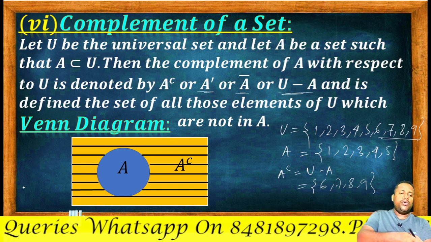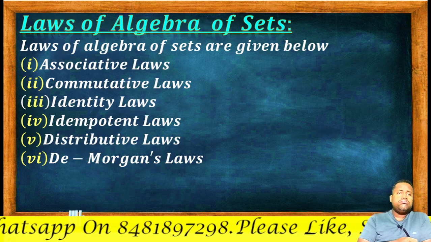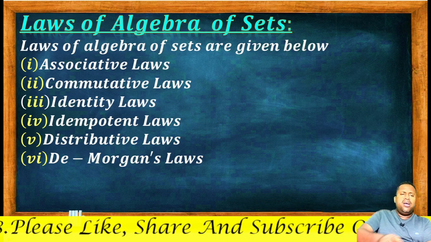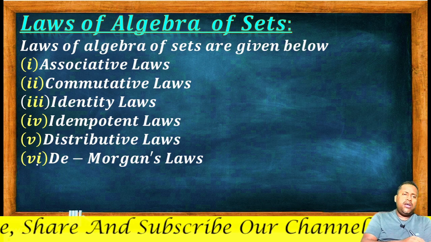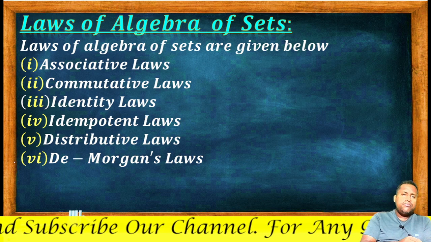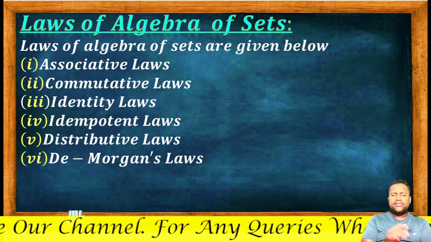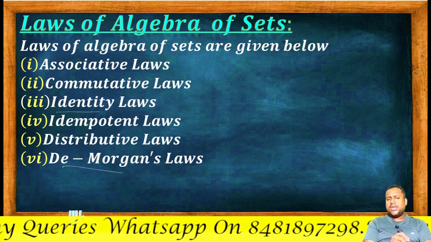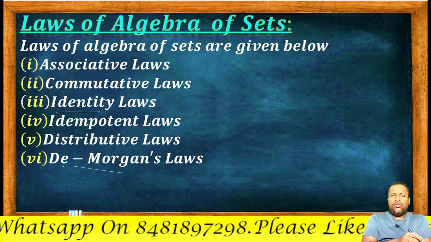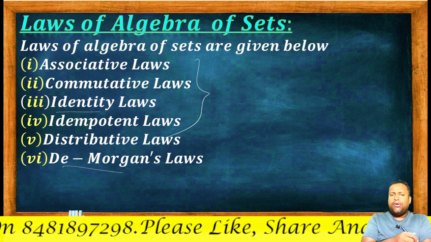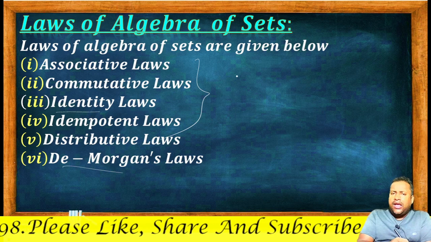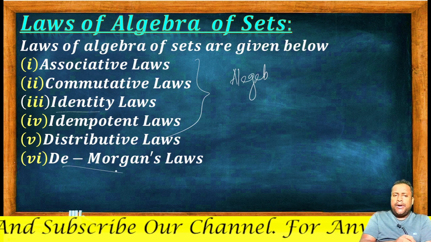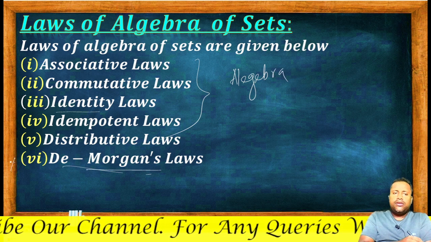Okay, so next we need to learn the laws of algebra. There are 6 laws of algebra of sets, and these are associative laws, commutative laws, identity laws, idempotent laws, distributive laws, and De Morgan's laws. And these 5 we have already read in algebra of number system, but the 6th one is very, very important for sets.